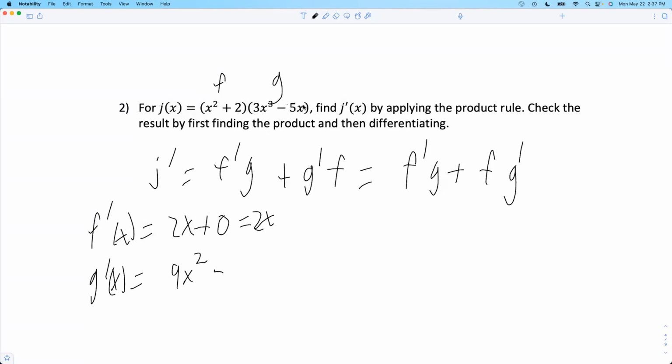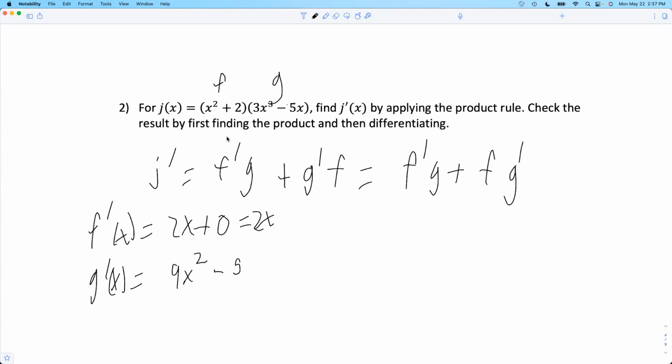So that's 5 times x to the first power. 1 times 5 is just 5. The 1 goes down to a 0. We get x to the 0. I'm going to write it and then erase it. Anything to the 0 power is just 1. The derivative of 5x is just 5.